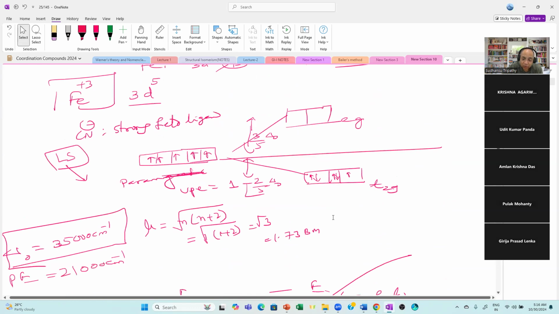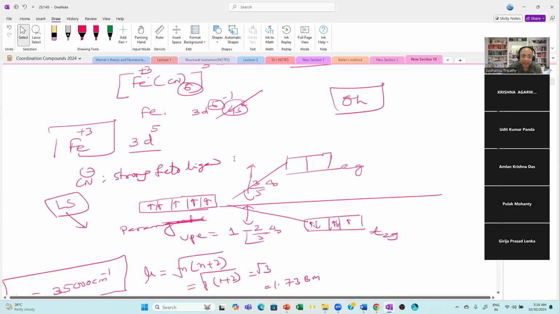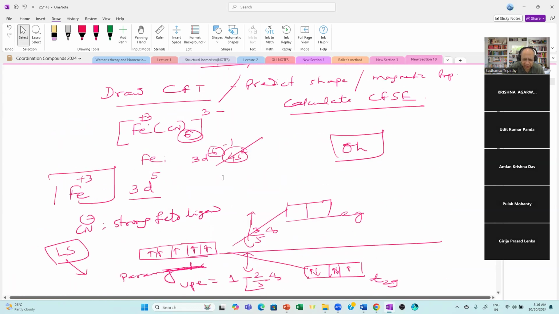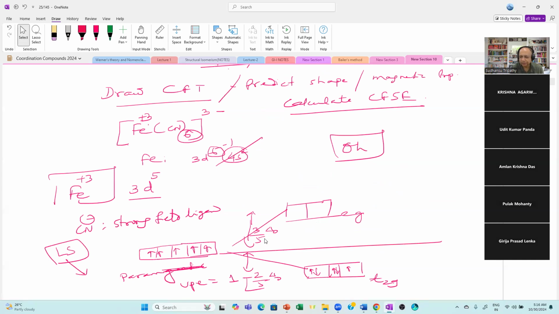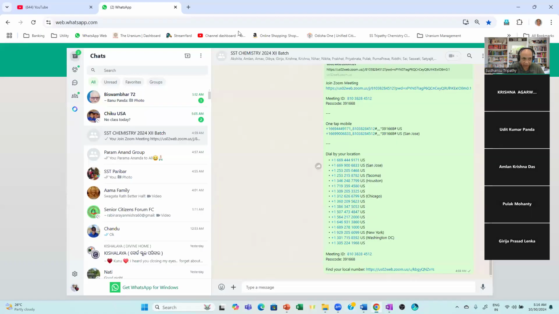And then if I ask you one more question, why is the color of this particular complex yellow, for example? How to explain the color of this? What could be the reason for this?